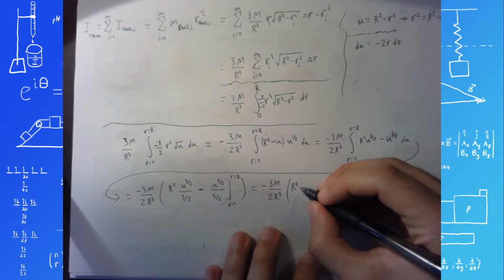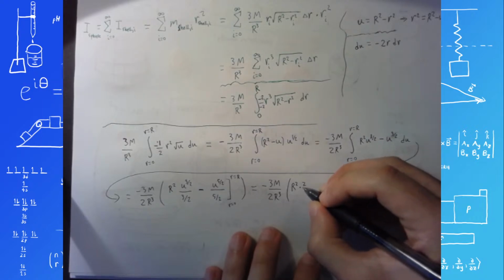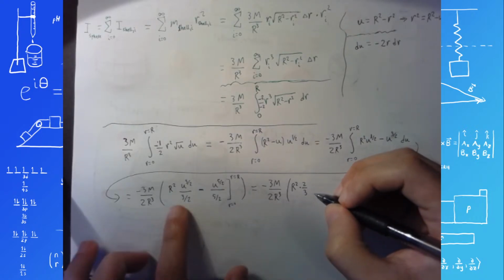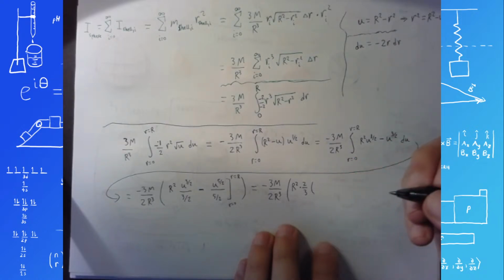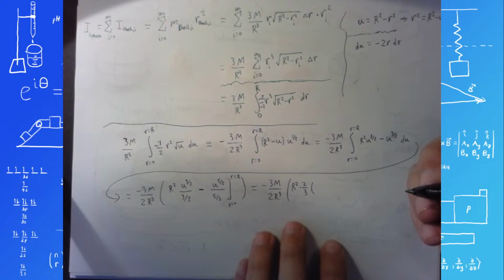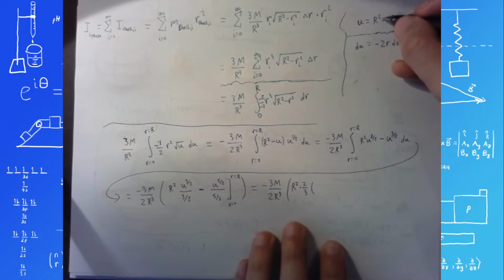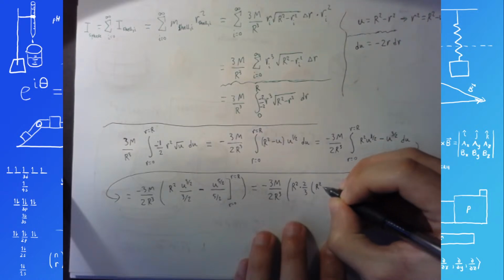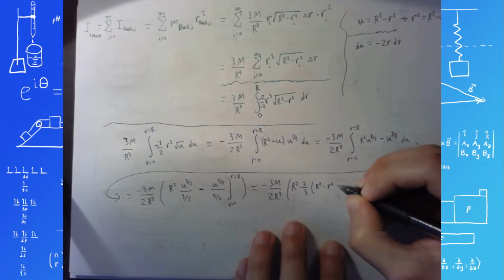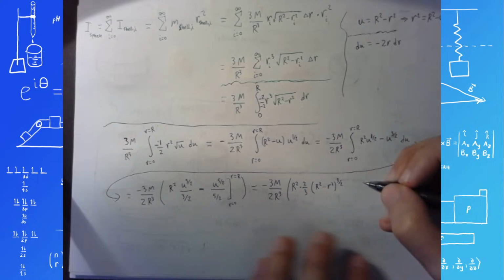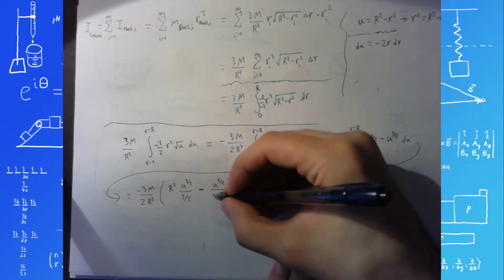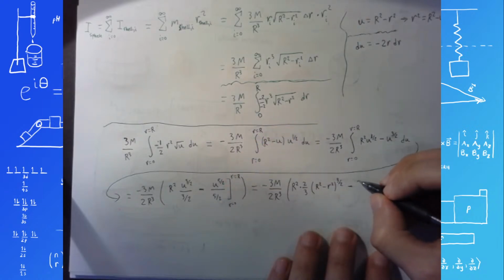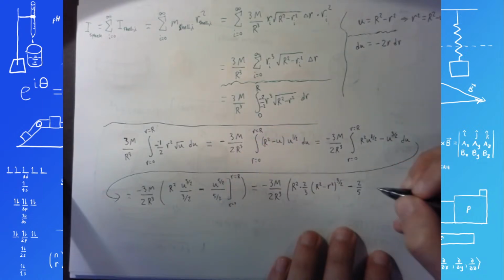I guess I'm going to write it as times 2/3, dividing by 3/2 is the same as multiplying by 2/3, and then u to the 3/2 is big R squared minus little r squared to the 3/2 minus, okay, dividing by 5/2 is the same as multiplying by 2/5, so that's 2/5.